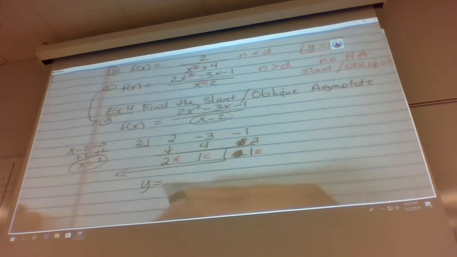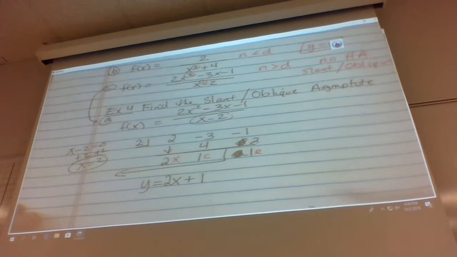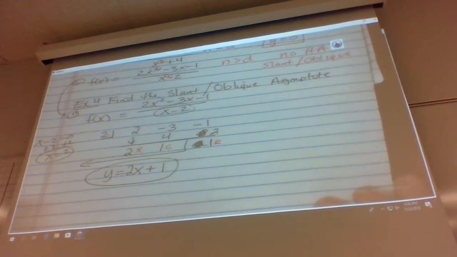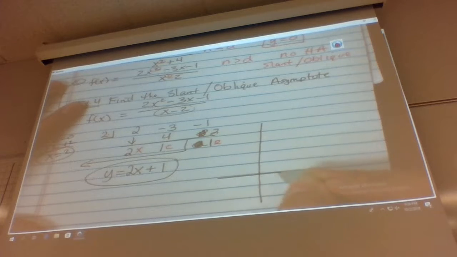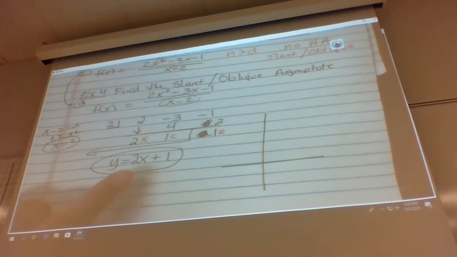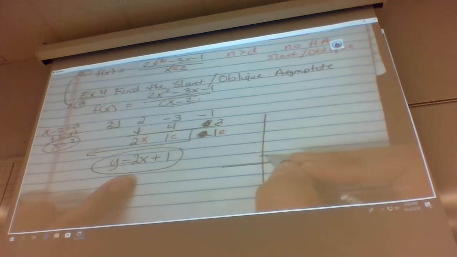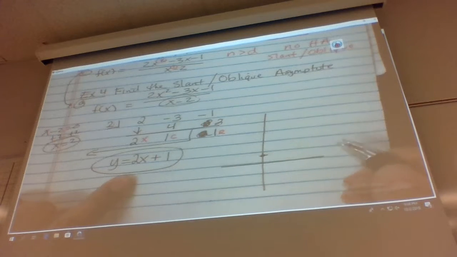Just FYI, if you actually had to graph this line, it starts at 1, and you have a slope of 2. I don't know if you remember how to graph lines: you start off at your y-intercept, then go up by rise over run. There is an asymptote here, this is your slant asymptote. Now, who's your vertical asymptote?